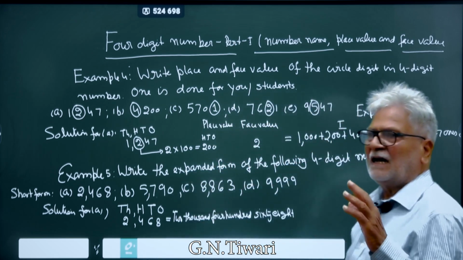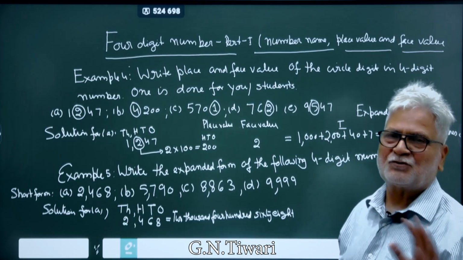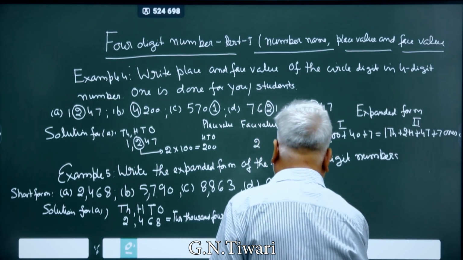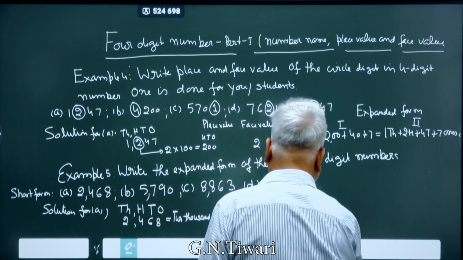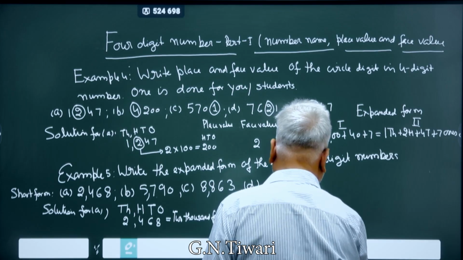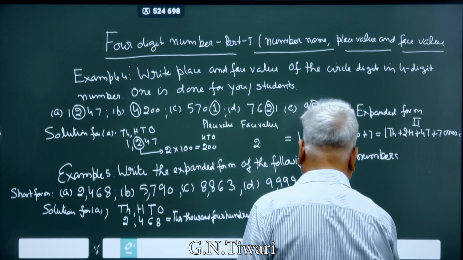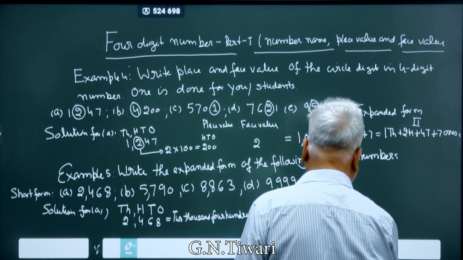Because for extra work there is no additional space required in the copy. It can be continued. Now come to the problem. Expanded form: 2,000 plus 400 plus 60 plus 8.